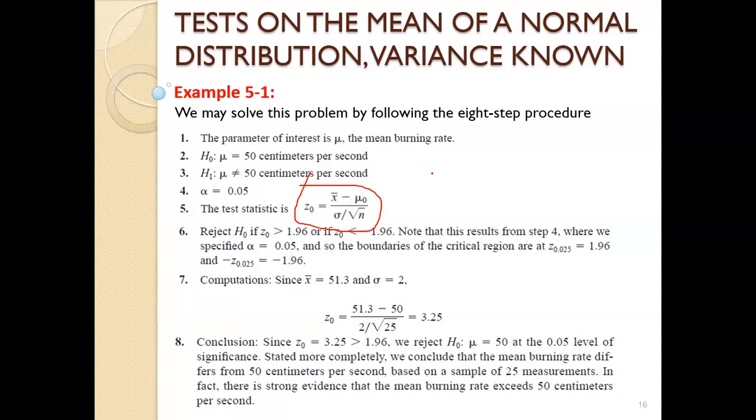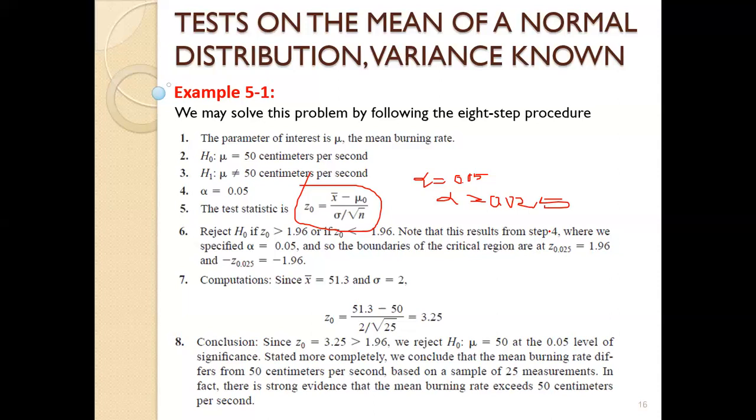Okay, for this case, we calculate at alpha equal to 0.05. Then alpha over 2 equals 0.025, right? Then you can calculate Z at 0.025 equal to 1.96.